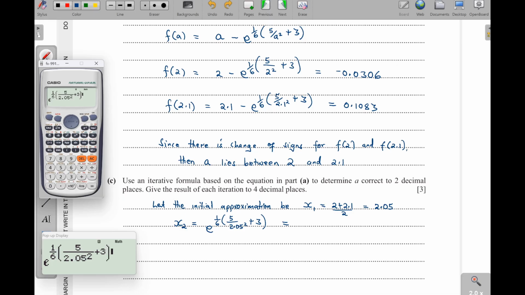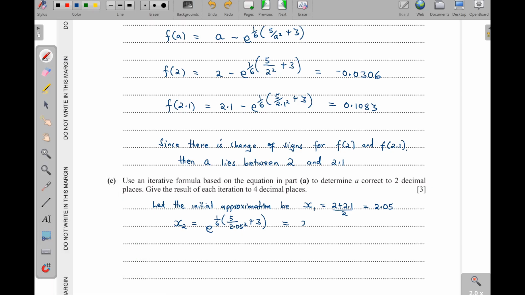So what do we get? 2.0103 to 4 decimal places.